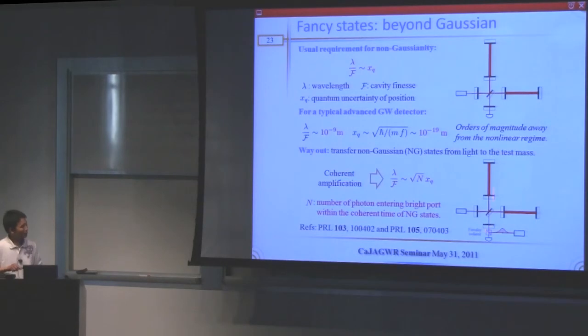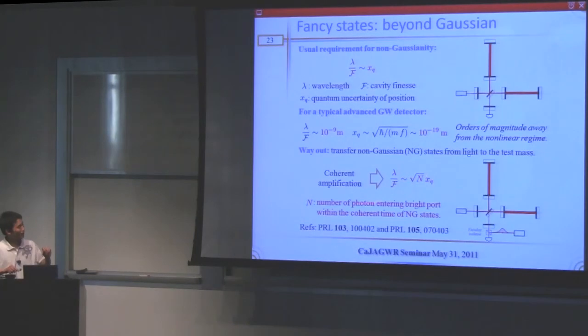So here is a kind of scheme. You just inject a weird quantum state, whatever you like, into the dark port. Then you find out that because of the coherent amplification of the radiation pressure, not of single photons but of this quantum state, the requirement for non-Gaussianity is significantly reduced.